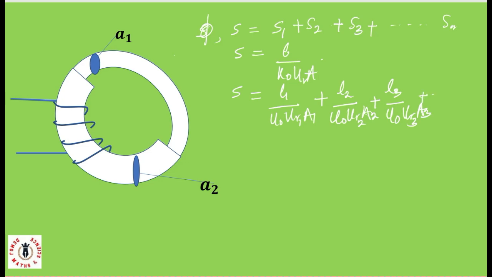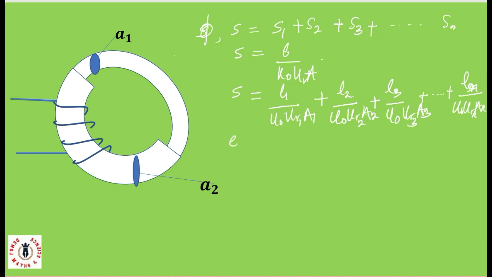It continues this way until the last, which we tag n, which will be Ln over mu naught, mu rn, An. Now we've gotten an expression for S.